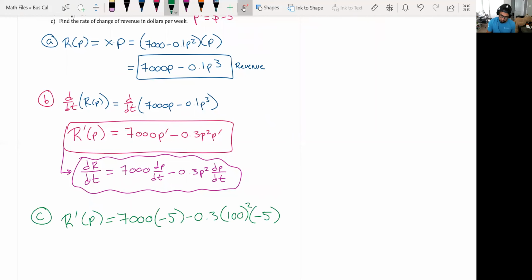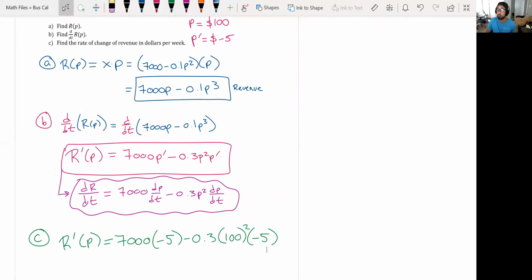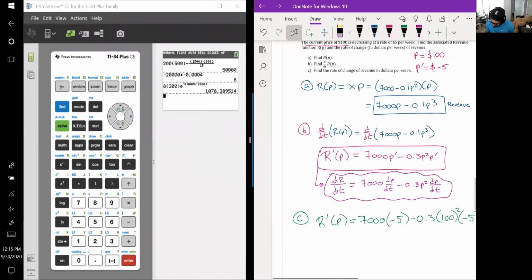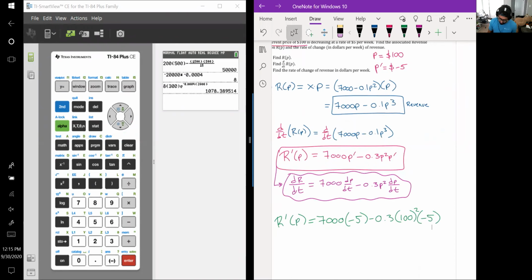So once again, all we did was plug in 100 for P and -5 for P prime, or dP over dt. Okay. And calculate. Just like I wrote it: 7,000 times -5 minus 0.3 times 100 squared times -5.